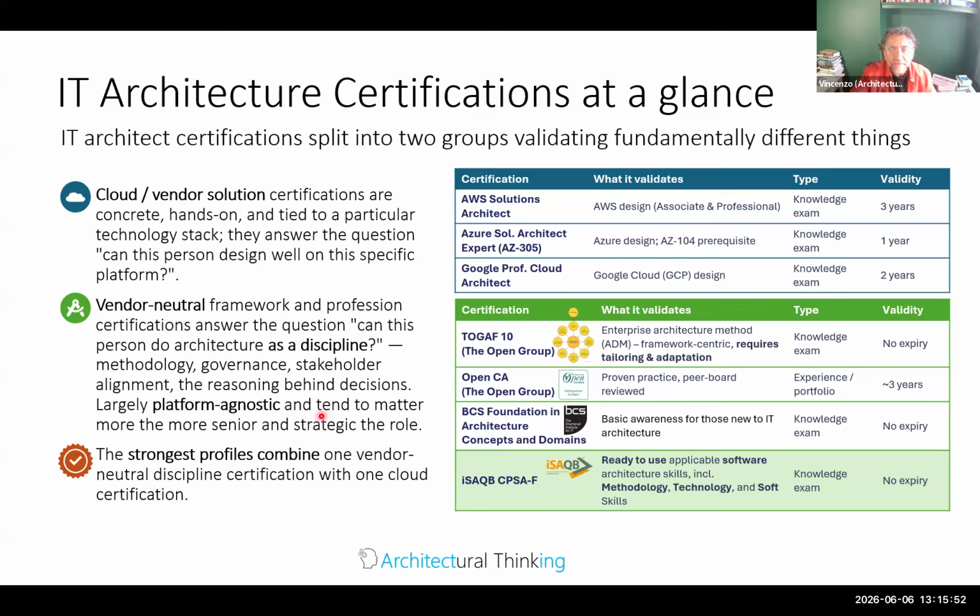I think what differentiates iSAQB from TOGAF is that TOGAF is very framework centric and really is 800 pages of frameworky stuff, and maybe you will be able to use 10, 20% of it in your organization. And it's really aimed at enterprise architects primarily.